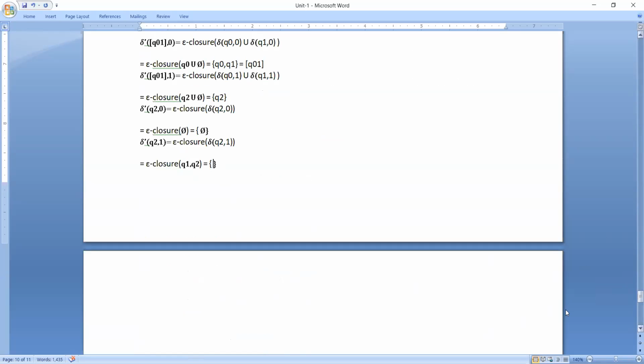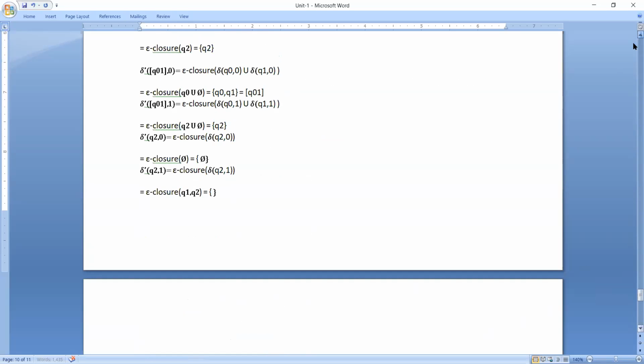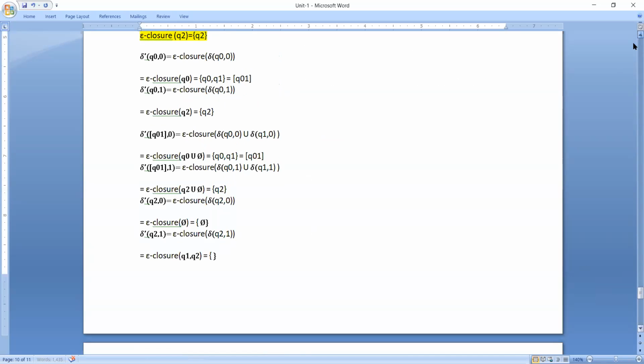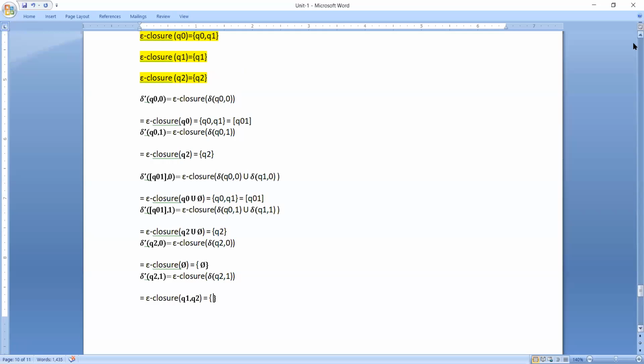We need to find the union of epsilon closure of Q1 and epsilon closure of Q2. Epsilon closure of Q1 is Q1, Q2, and of Q2 is Q2. So finally the answer will be Q1, Q2. Now which is a new state? Q12, which is a new state. On 0 we go to the dead state, on 1 we go to the new state.